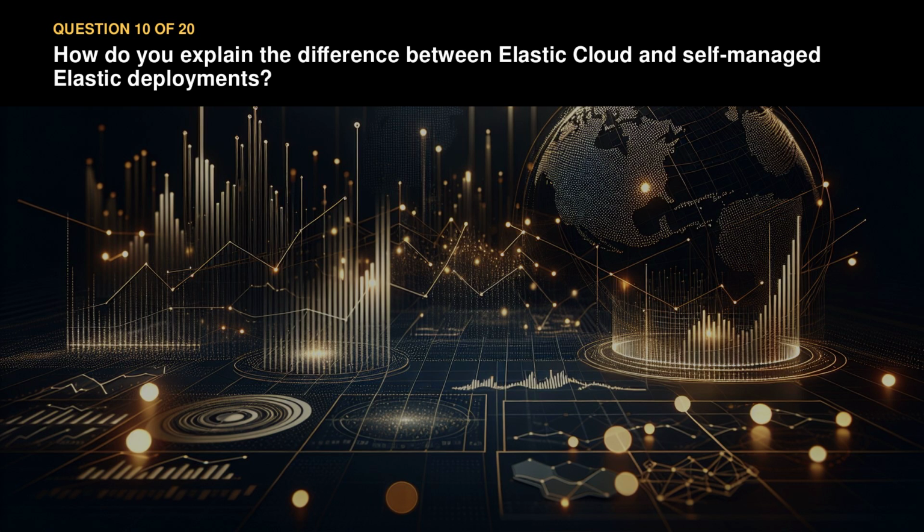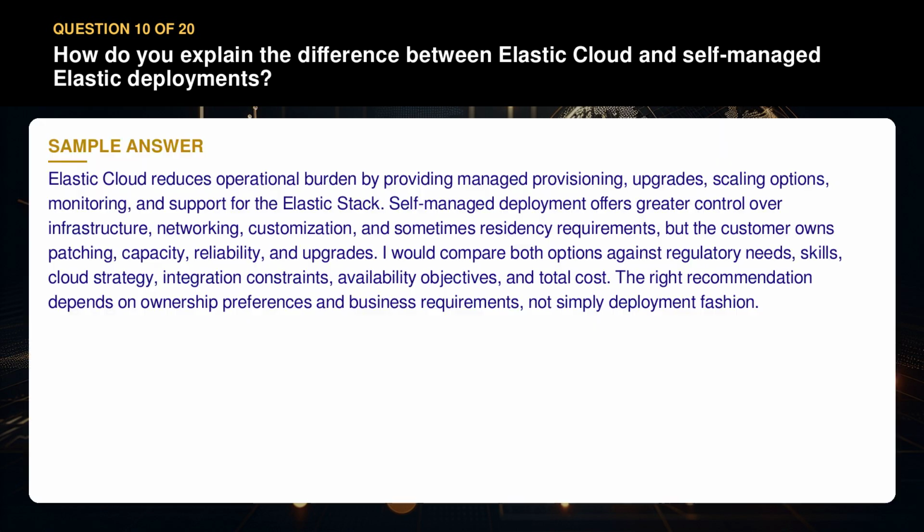Question 10. How do you explain the difference between Elastic Cloud and self-managed Elastic deployments? Elastic Cloud reduces operational burden by providing managed provisioning, upgrades, scaling options, monitoring, and support for the Elastic Stack.